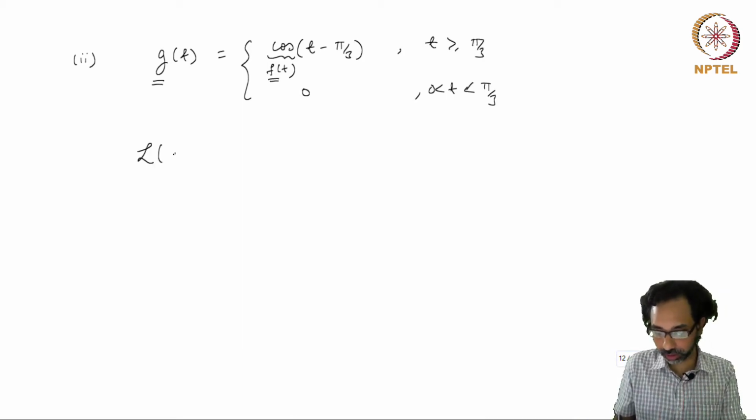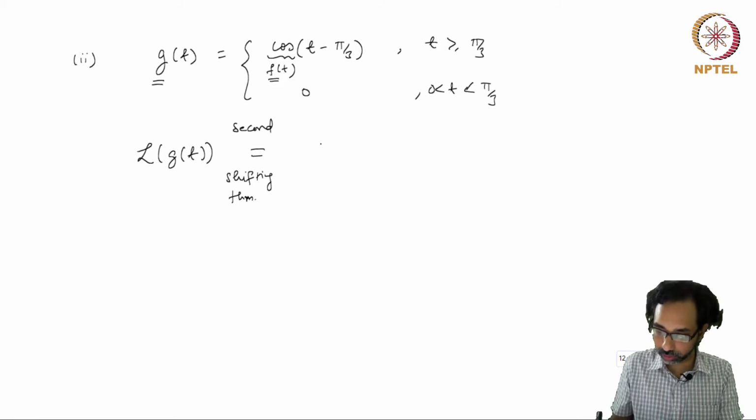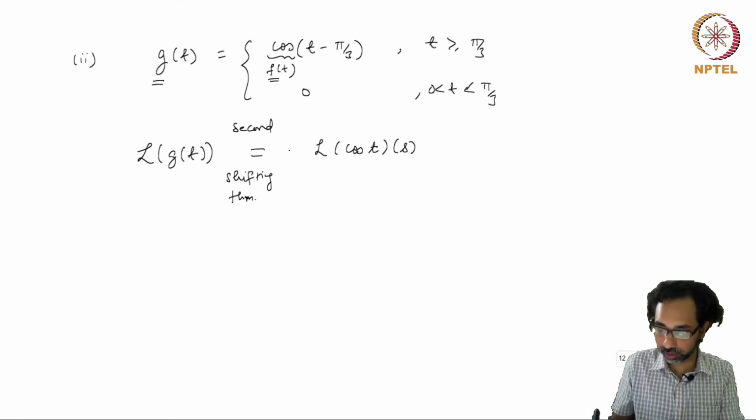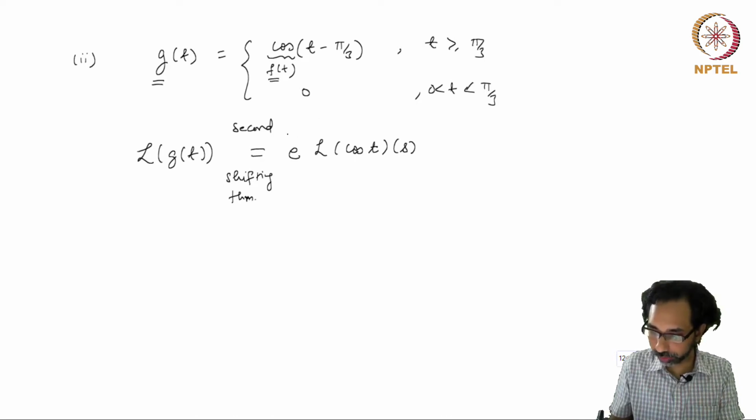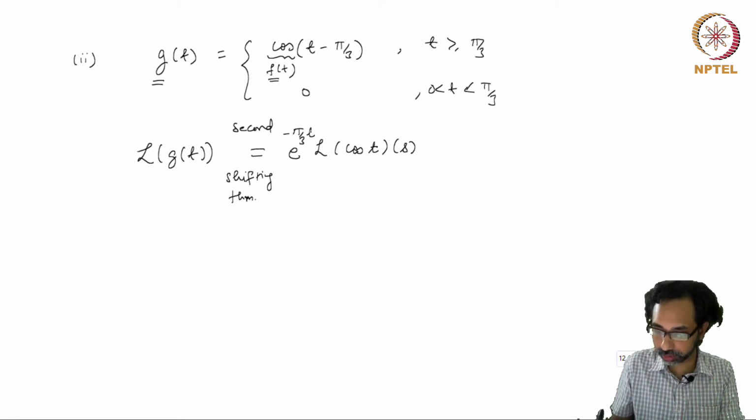So the Laplace transform of g(t) is, by the second shifting theorem or second shifting property, given by the Laplace transform of cos t evaluated at s, multiplied by e to the power minus pi by 3 times s.